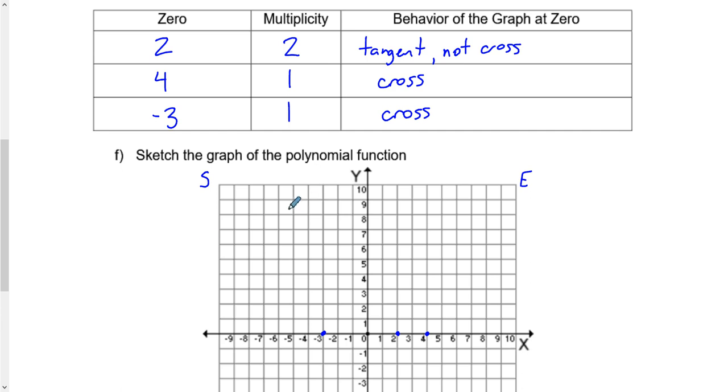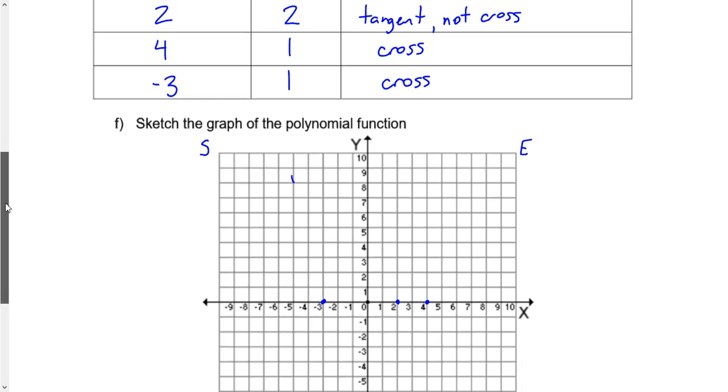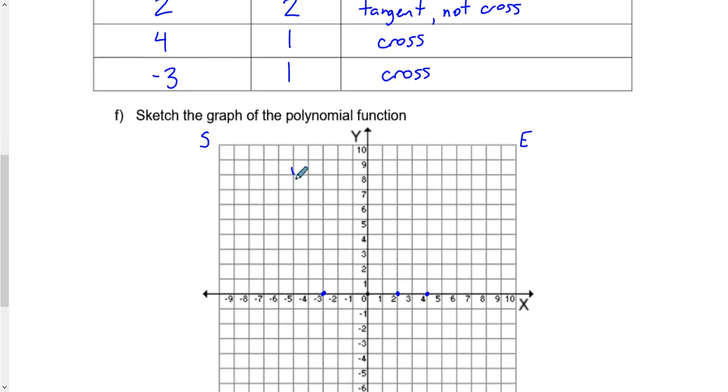As long as you start in quadrant 2, you're all good. So when our graph gets to negative 3, it's just going to cross. I'm just going to move that over a little bit to make it look like it's actually crossing right at -3. So we're going to cross.